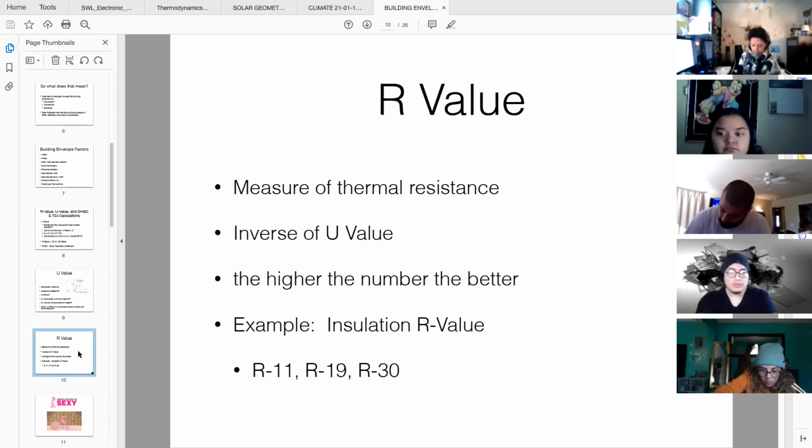Typical numbers for wall assemblies are R11. That's the size of a batt that fits into a 2x4 wall, in fiberglass batt insulation. R19, that's the size that fits into a 2x6 wall, and R30 is a typical roof assembly value.